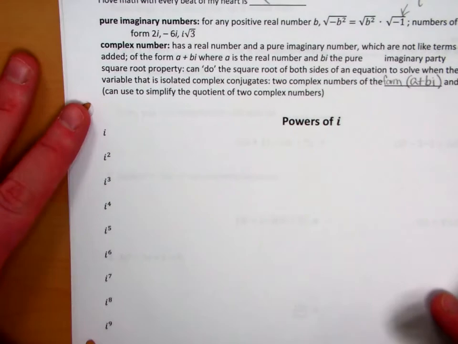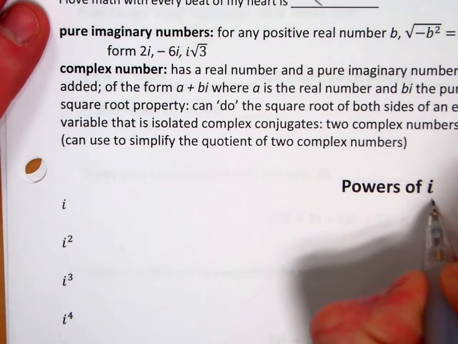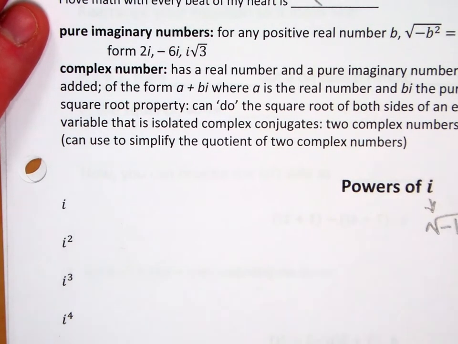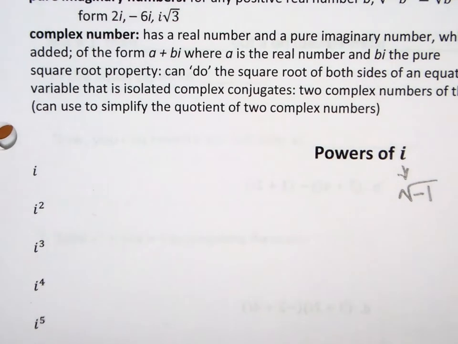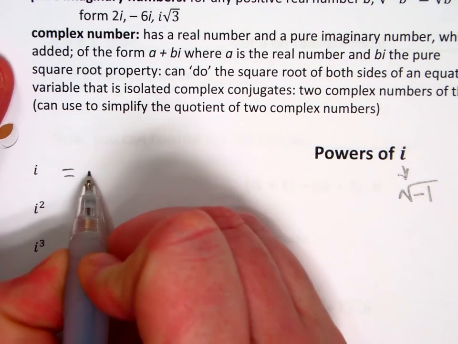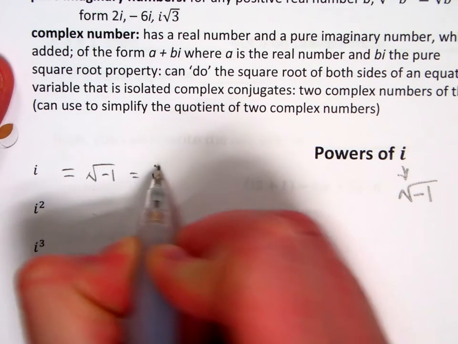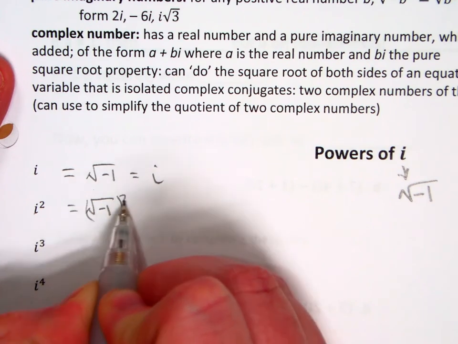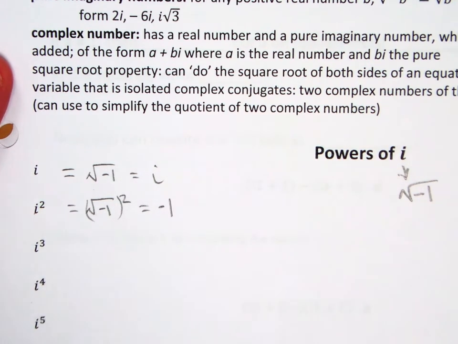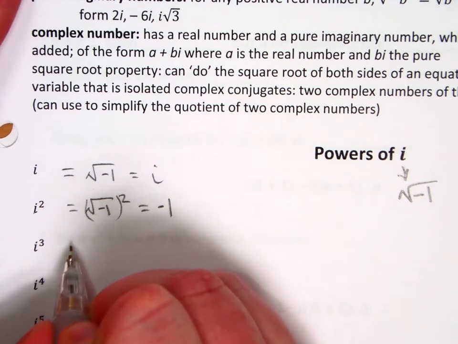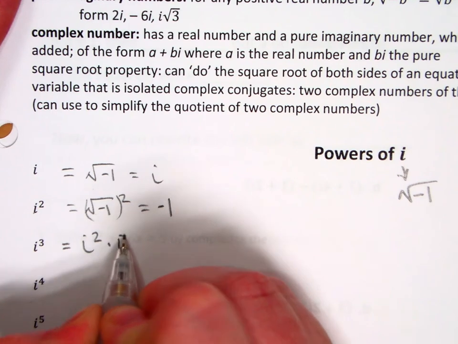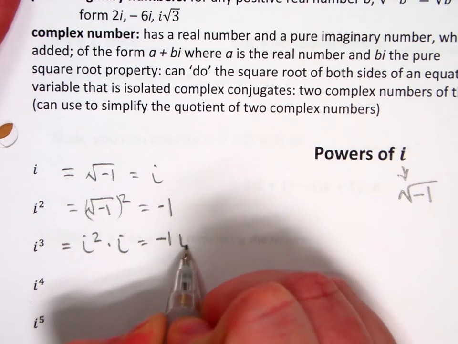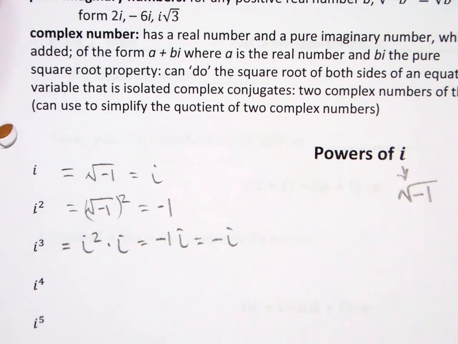So here is how the powers of i work. i is really the square root of negative 1, and each power is simplified out. i equals the square root of negative 1. i squared equals the squaring of this value, which comes out to equal negative 1. i cubed equals i squared times i, which gives me negative 1 times i, which equals negative i.